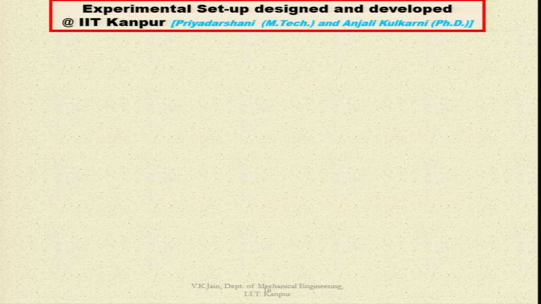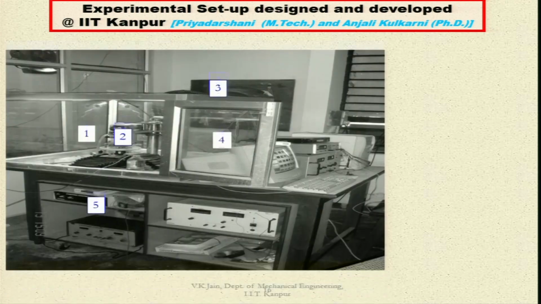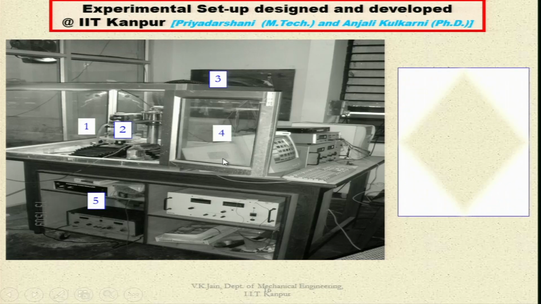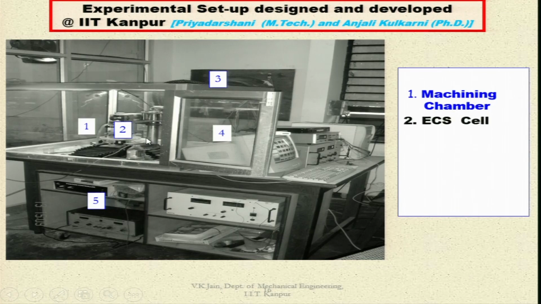Experimental setup designed and developed at IIT Kanpur by Priyadarshini and Anjali Kulkarni. As you can see over here, this is the setup that was designed and developed at IIT Kanpur for master's and PhD thesis research work. Here is the machining chamber, then the electrochemical system cell.